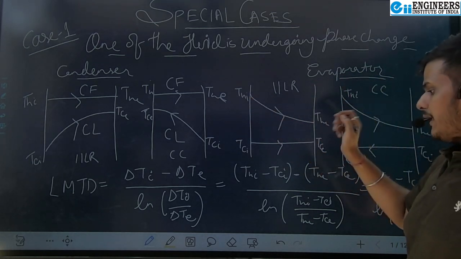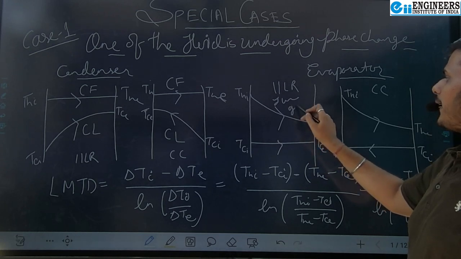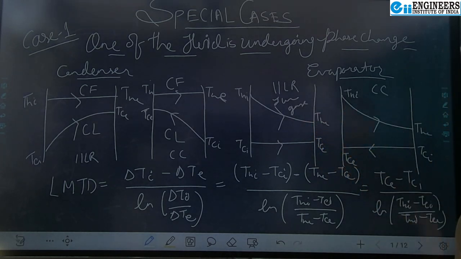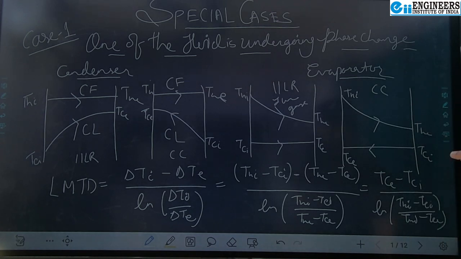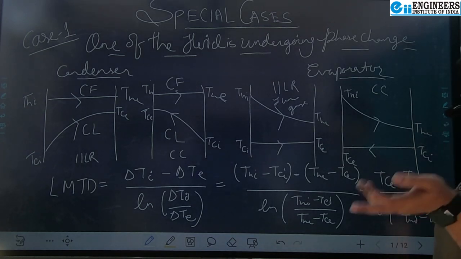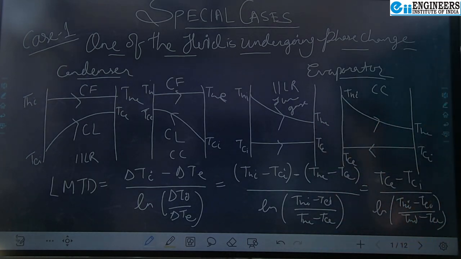For example, let us take flue gases. From the gases at high temperature, the heat can be transferred to the water, which is at the saturation temperature condition, to convert it from the liquid state to the gaseous state. So this is how the temperature distribution is going to look.